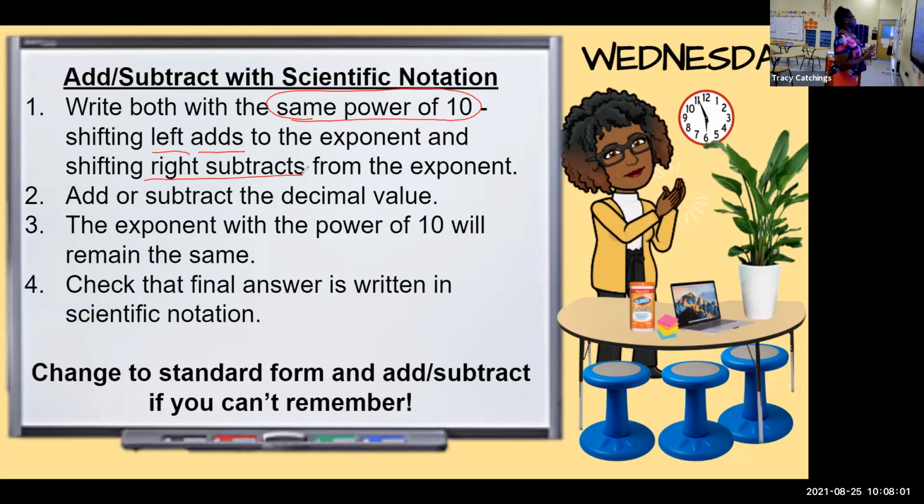The second step tells us we are going to then add or subtract that decimal value, meaning the front part of that times 10. And then it told us the exponent will remain the same. And then last but not least, we have to check and make sure that it's written in scientific notation. And what's one way to make sure it's written in scientific notation?